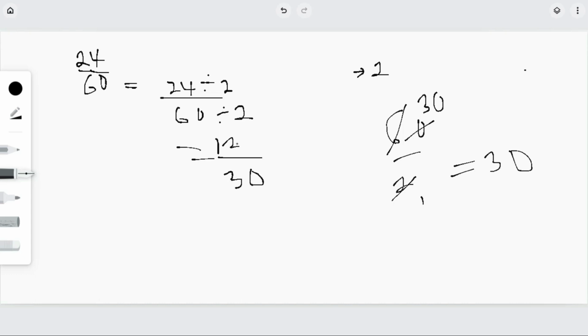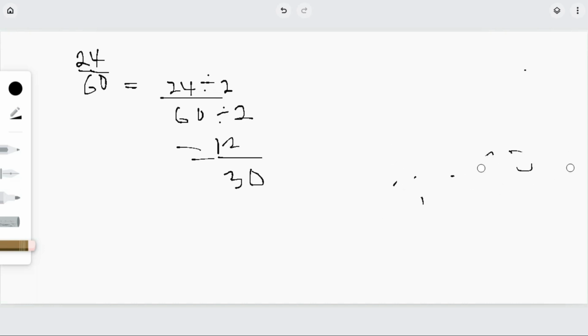So now what can go in? What number can go into 12 and into 30 at the same time without remainder? We do as we did earlier. Let's first test for 2, and I believe 2 can go here because we have 12 and 30. And let's also test for 3.